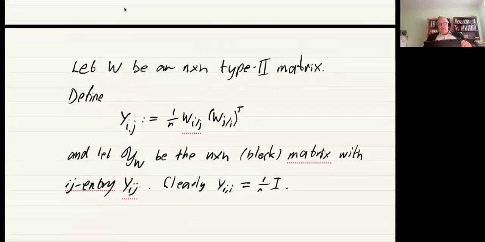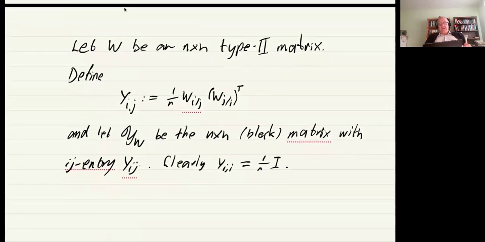Okay, so I need to define the matrix. So we're starting with the n by n type 2 matrix, and we're defining W to be this. As we said before, it's effectively an outer product, if you don't mind swapping things around a bit. So it's a rank 1 matrix, it's a block matrix, and the y sub i is just 1 on n times the identity.